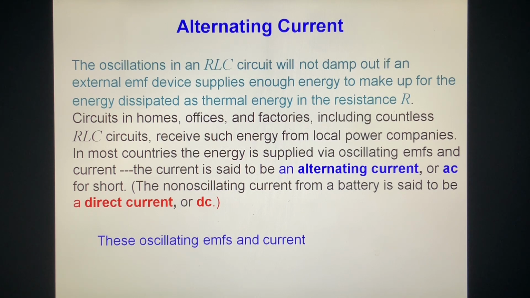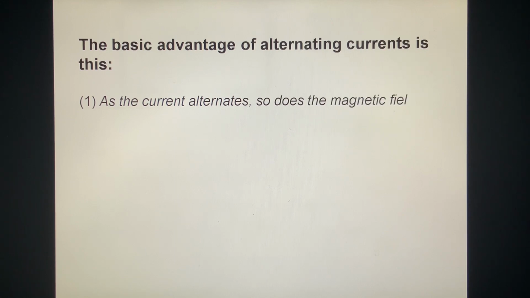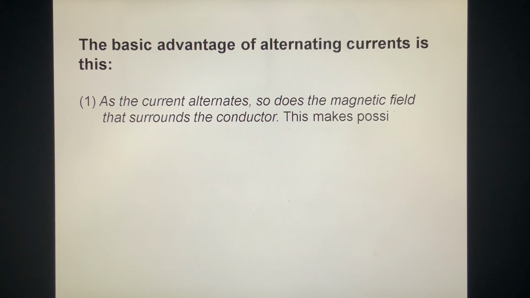These oscillating electromotive forces and currents vary simultaneously with time. The basic advantage of alternating current is this. 1. As the current alternates, so does the magnetic field that surrounds the conductor.